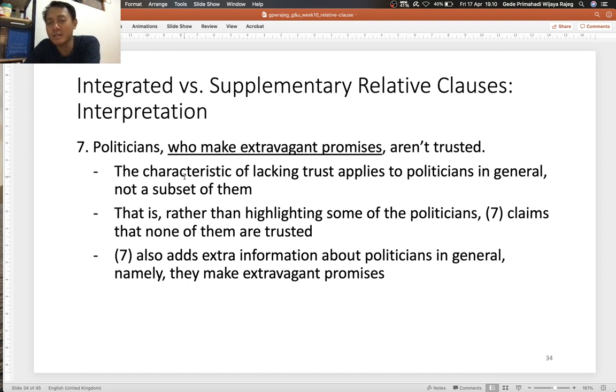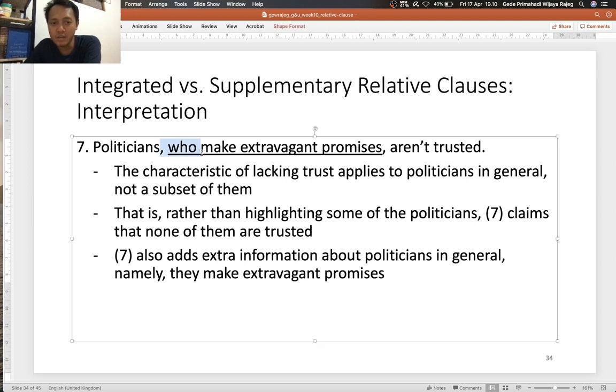In example 6, only the politicians who make extravagant promises are not trusted. But here, because it is supplementary, it is not a central part of the meaning of politicians. You can omit it, and the sentence in 7 will say politicians are not trusted.